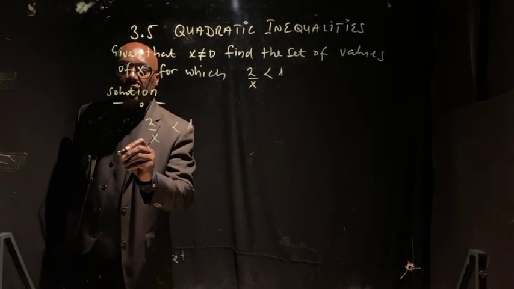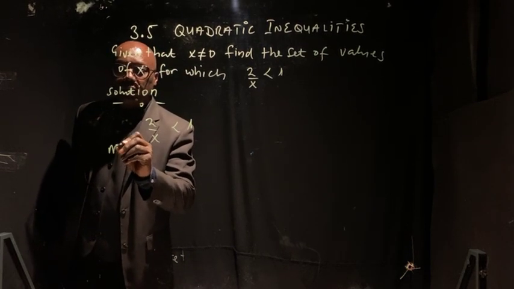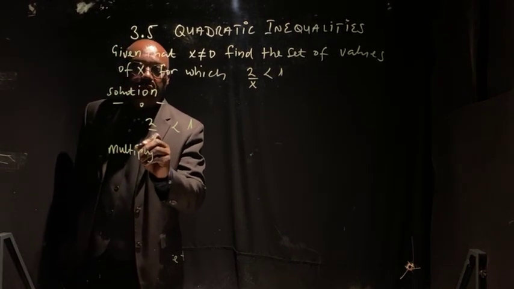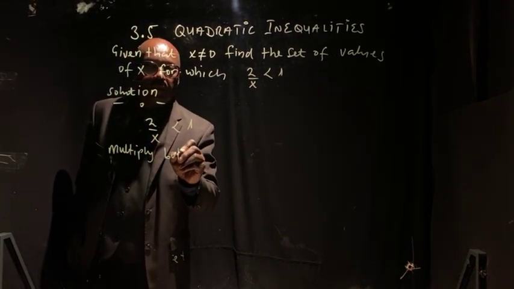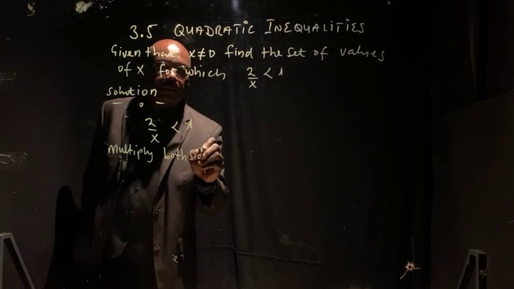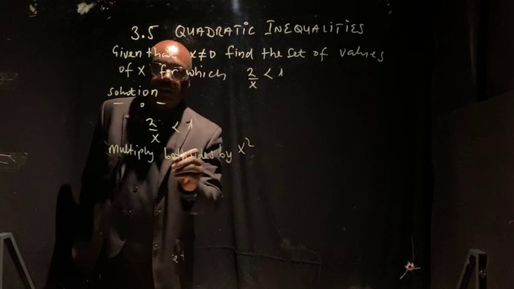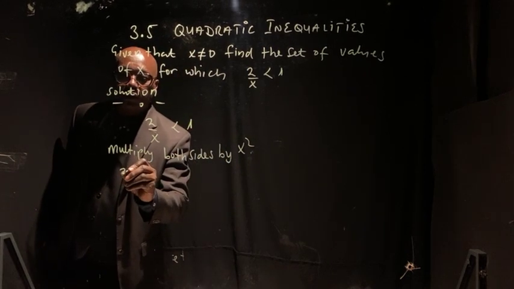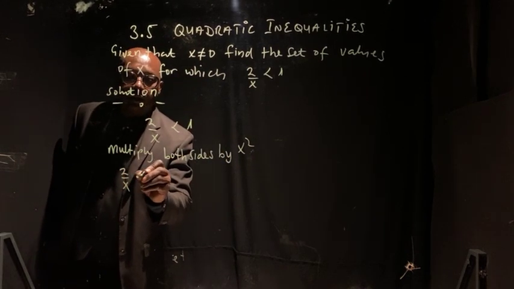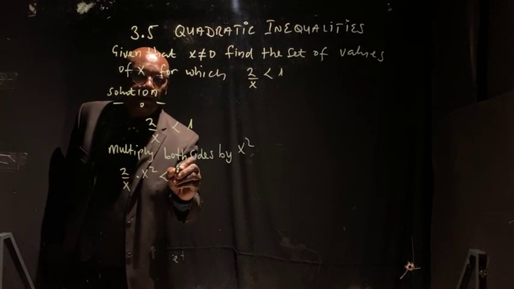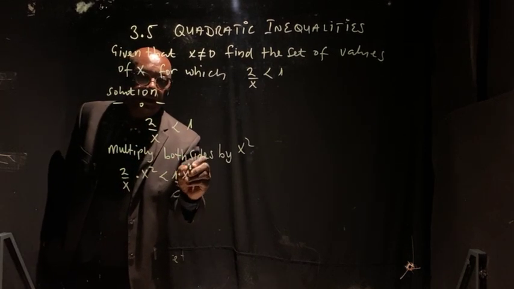In that case, 2 over x multiplied by x squared is less than 1 times x squared.